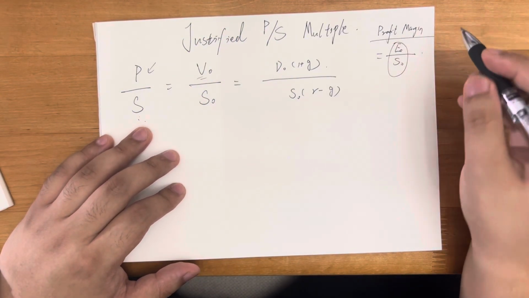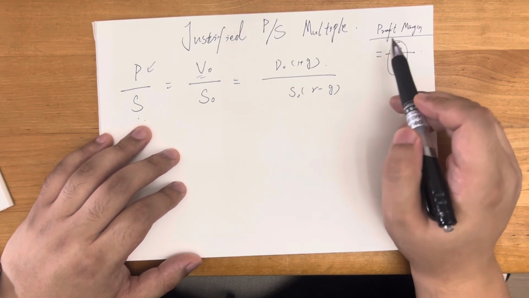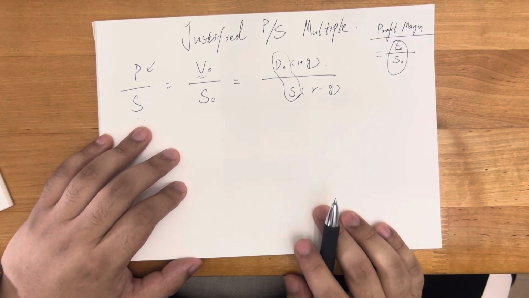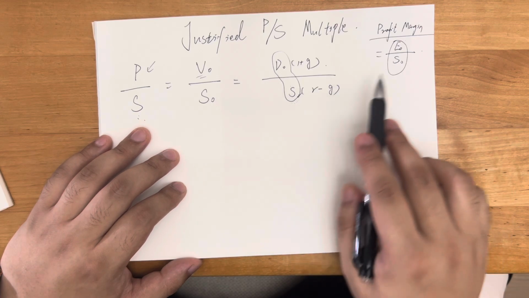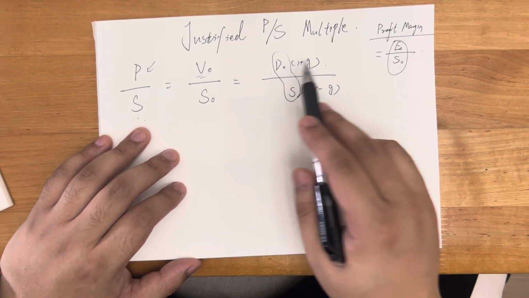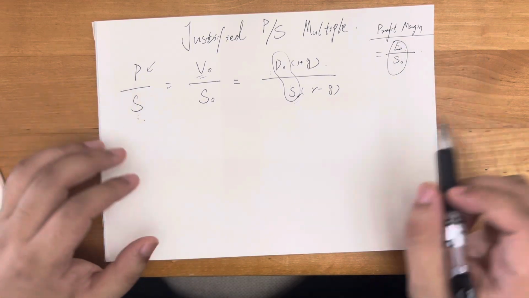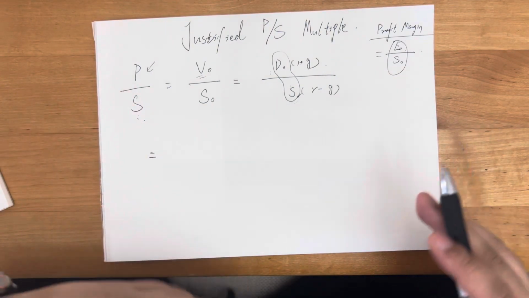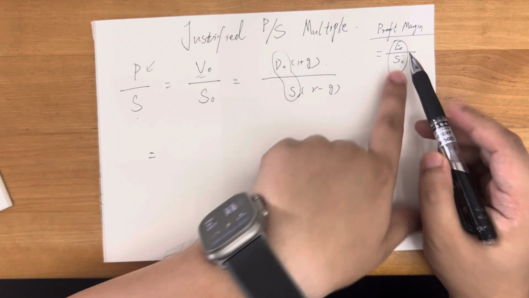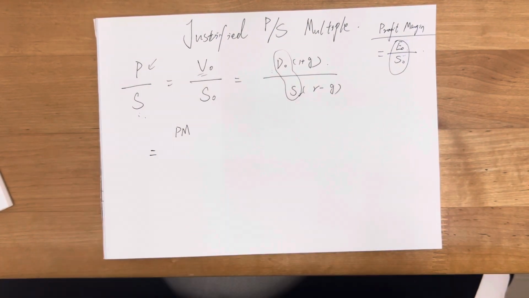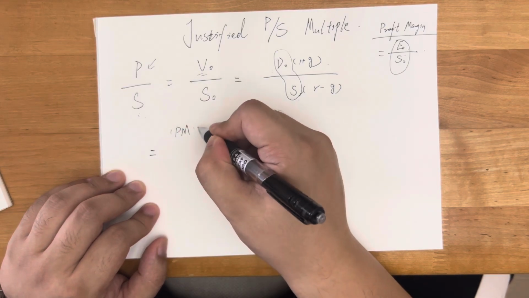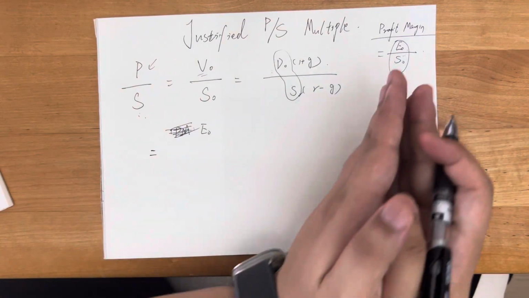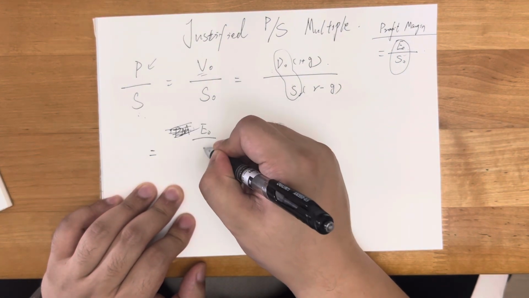Normally you can get this profit margin when you're analyzing a company. So let's think about this. Can this become a profit margin? You do have S0 here, but D0 and E0 need to be changed. This is just a tip when you do this deduction: you can force the profit margin in here. The profit margin will be E0 over S0.